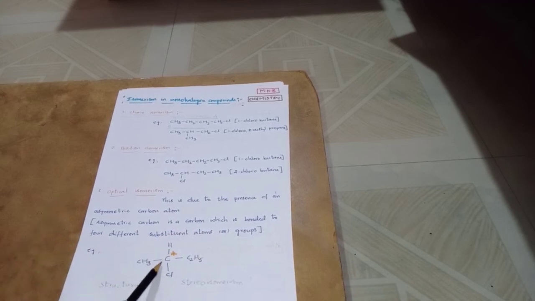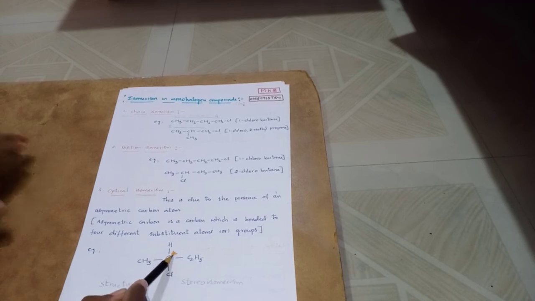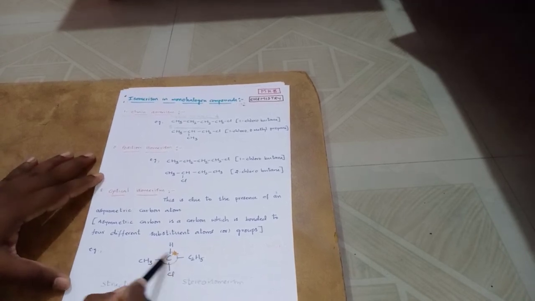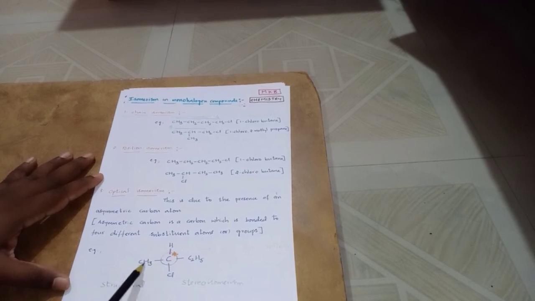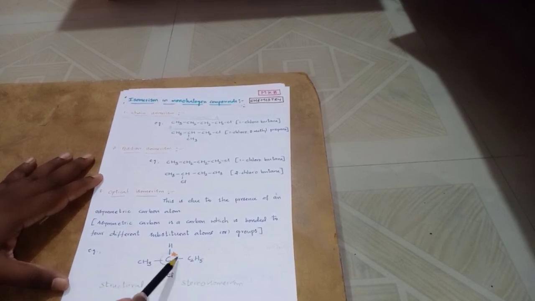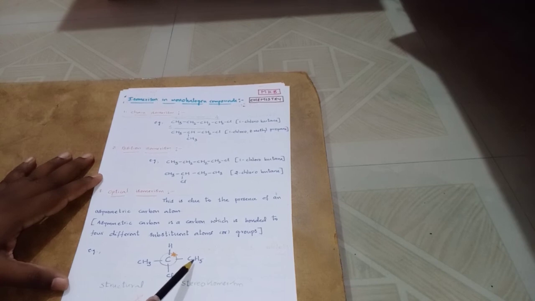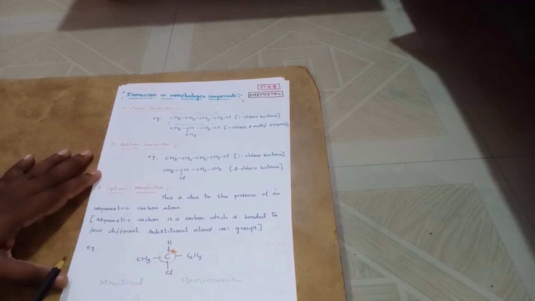So this is an example. This carbon is bonded to hydrogen, CH3, chlorine and ethyl, C2H5. All these four are different atoms or groups. So this carbon is said to be an asymmetric carbon atom.